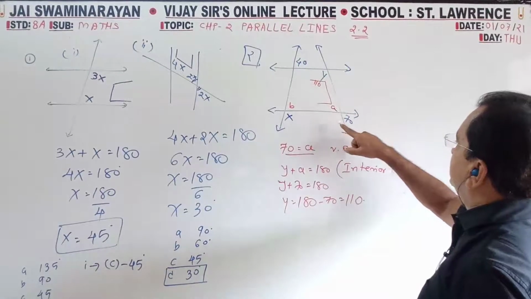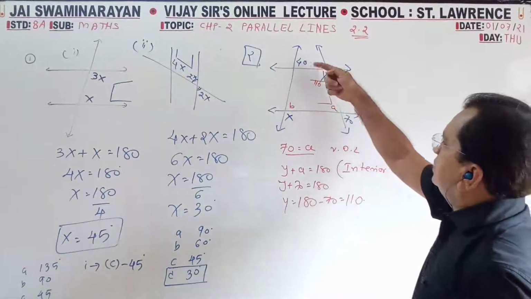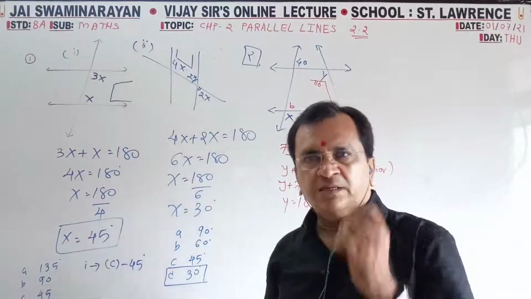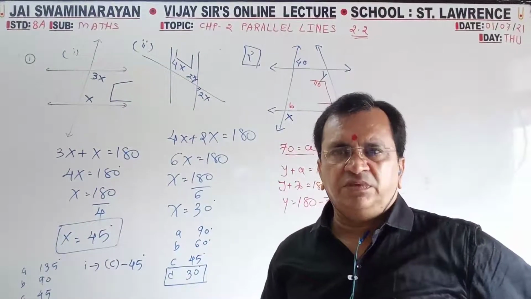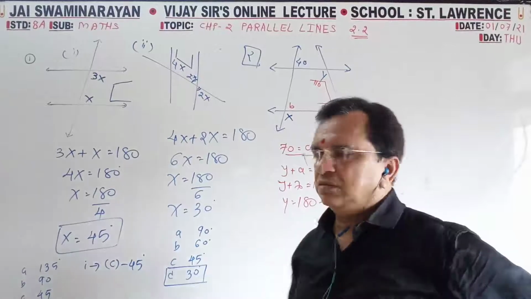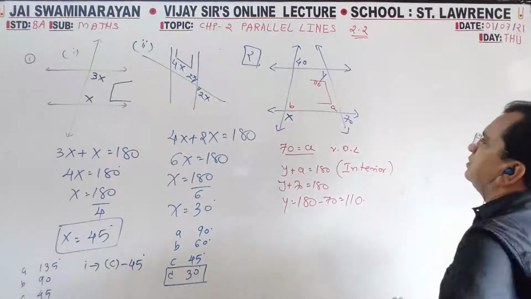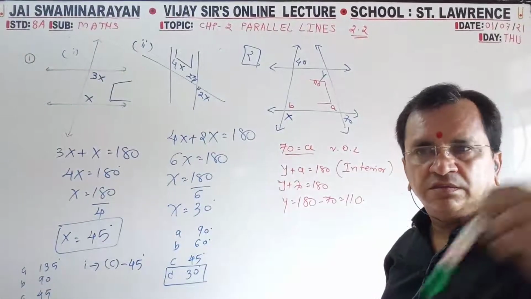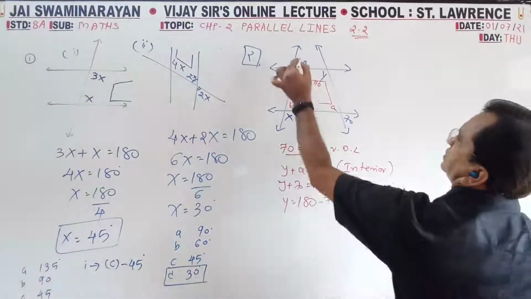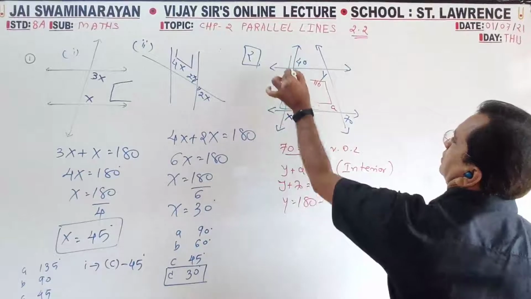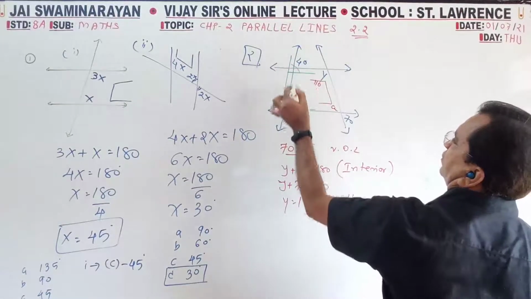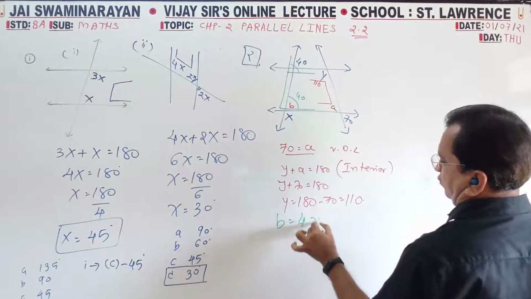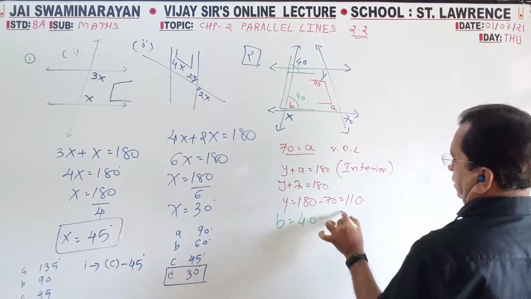Then you can take this C, this and this linear. And this is F. You can say this is 40, this is also 40. So B is equal to 40, corresponding.